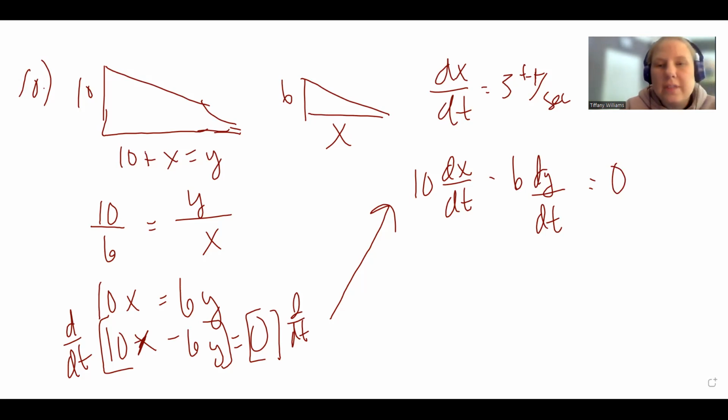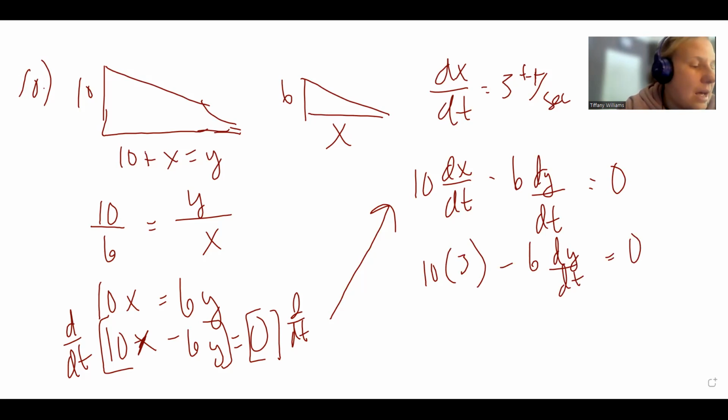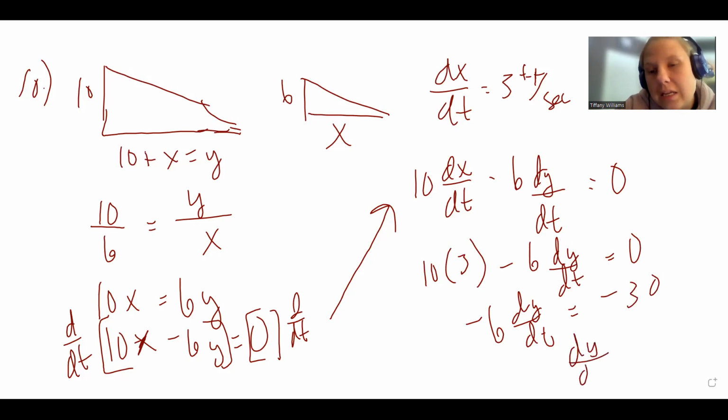At this point, I do know what dx/dt is. dx/dt is 3, so I have 10 times 3 minus 6 dy/dt equals 0. I subtract my 30, so I get negative 6 dy/dt equals negative 30. Divide both sides by negative 6, and I get dy/dt equals 5 feet per second.